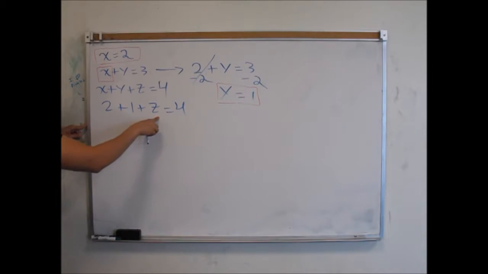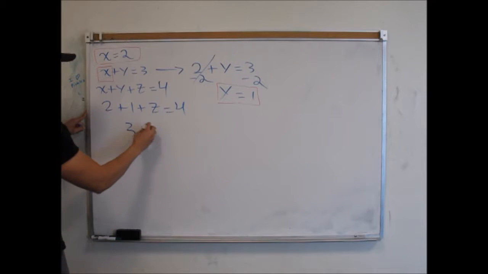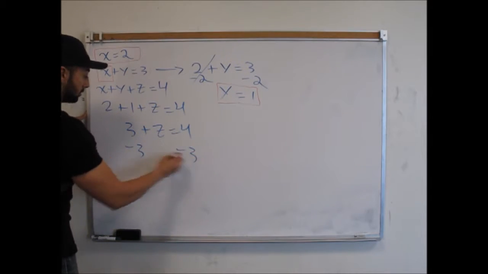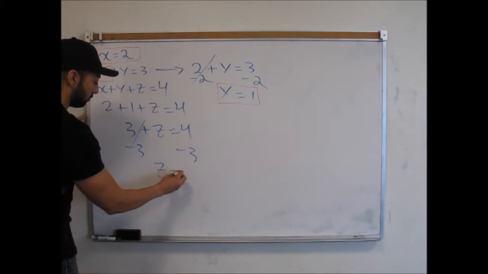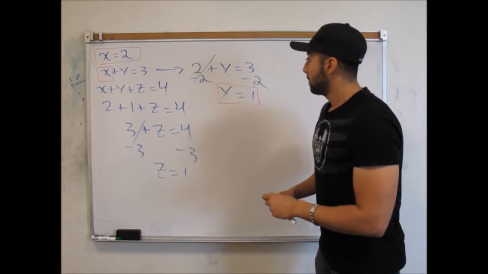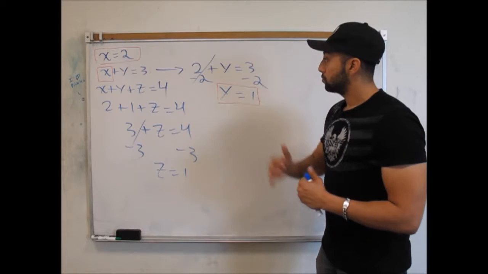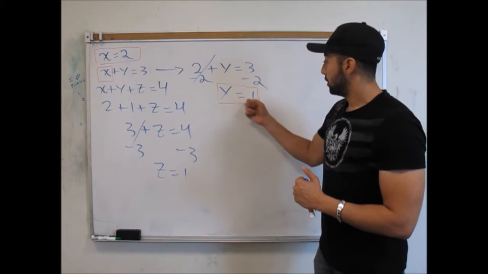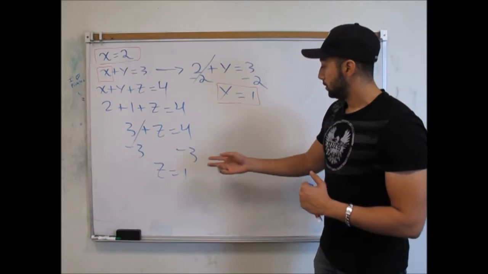Only have one variable to solve for, so 2 plus 1 is 3. Subtracting the 3 on both sides, I get that z is equal to 1. So I have solved for all the variables now. The solution to our system would be x equals 2, y equals 1, and z also equals 1.